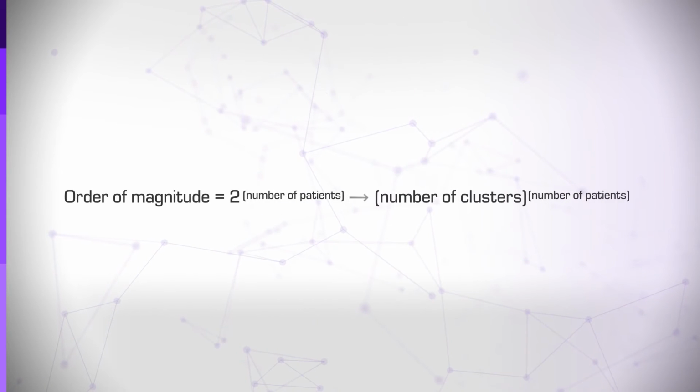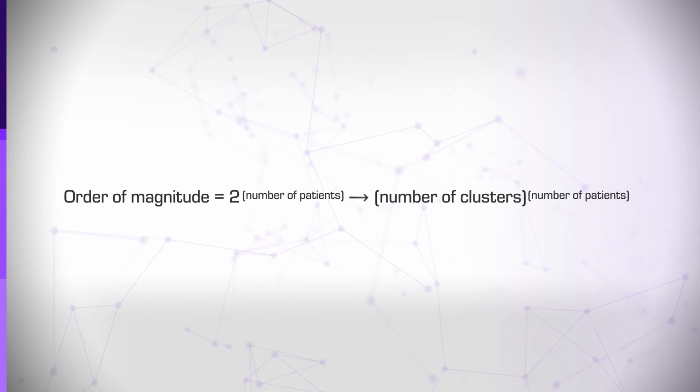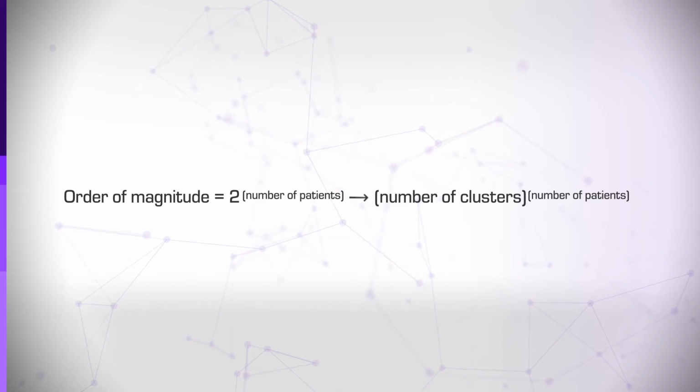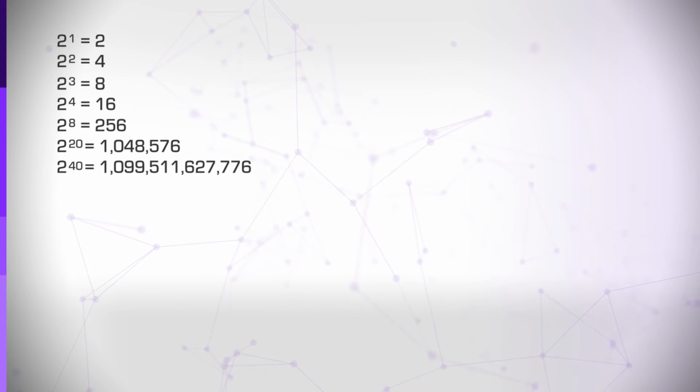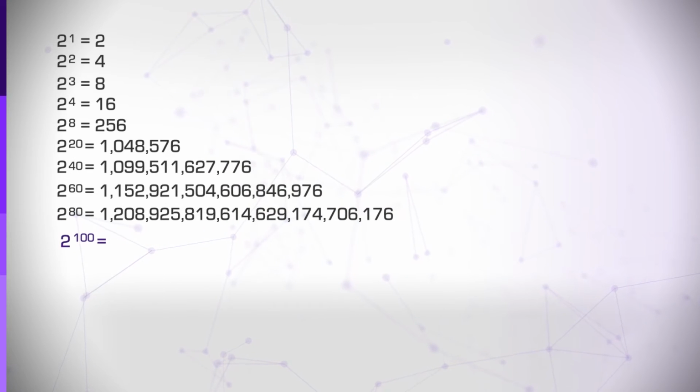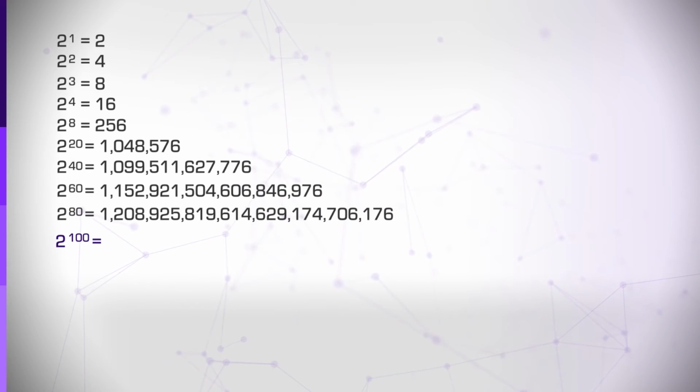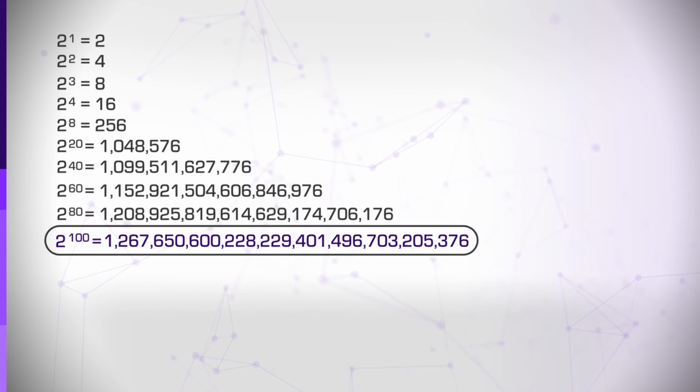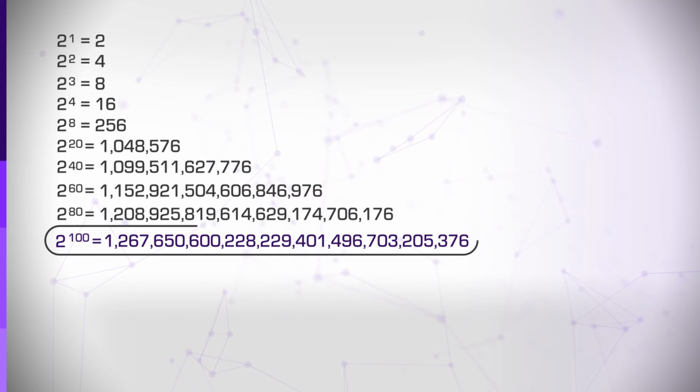This is the first patient. The order of magnitude is 2 to the power of the number of patients, or let's say the number of clusters to the power of the number of patients. This series will continue to grow exponentially as we add more and more patients. By the time we get to the 100th patient, even for just 2 clusters, this is the number of clustering options that we get.